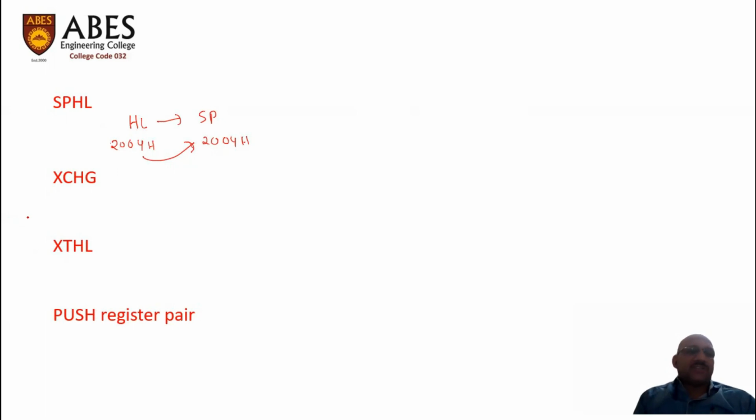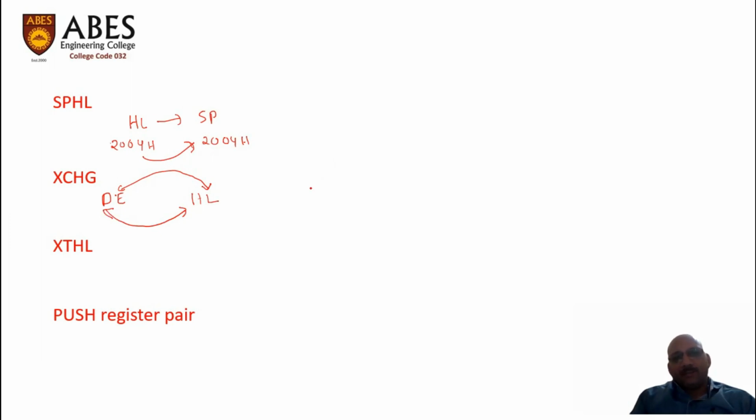Now XCHG. Exchange doesn't have any operands. But what it will do is exchange the content of the DE register pair with the HL register pair. How? The content of E is exchanged with the L register, and the content of D is exchanged with the H register.